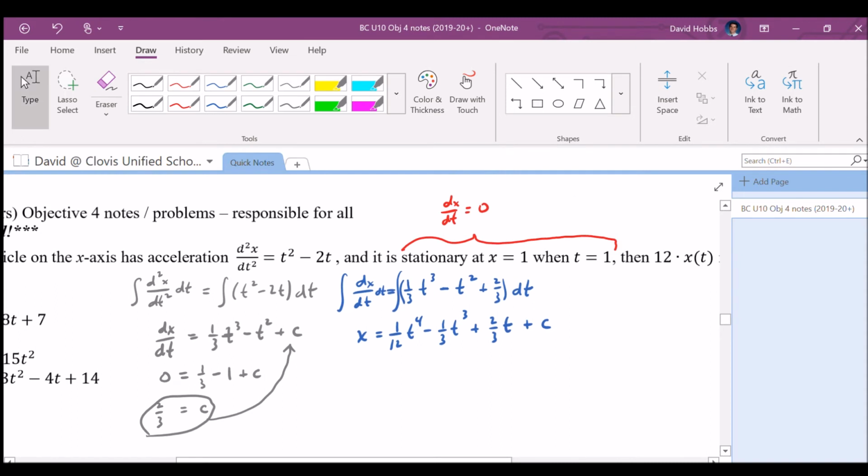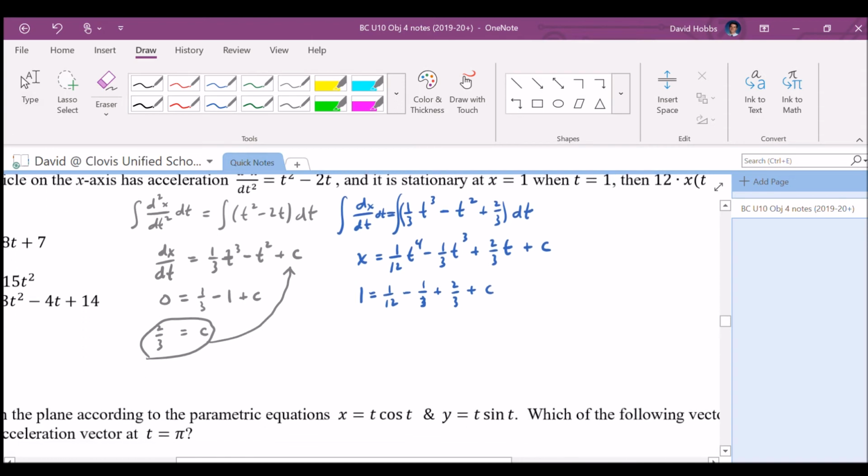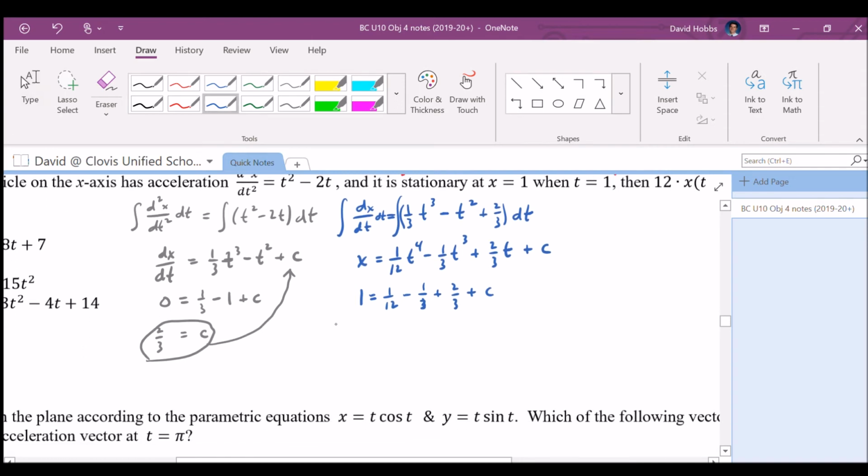Okay, so coming back to this, we don't have the stationary anymore, but we have x equals 1 when t equals 1. And so 1 equals 1/12 minus 1/3 plus 2/3 plus c. Okay, so looks like common denominator is going to be 12.